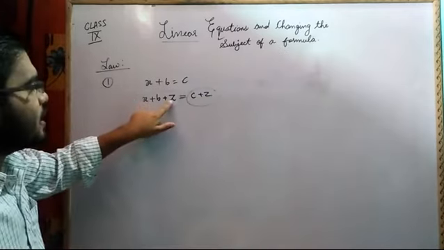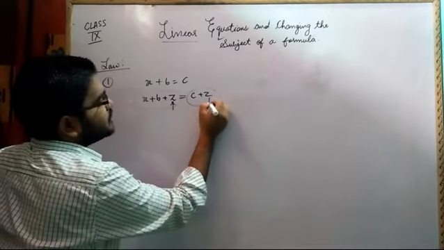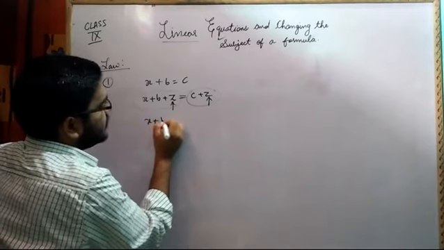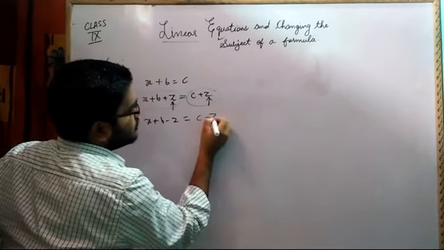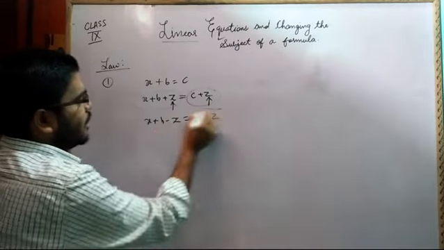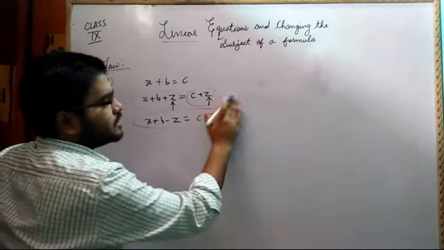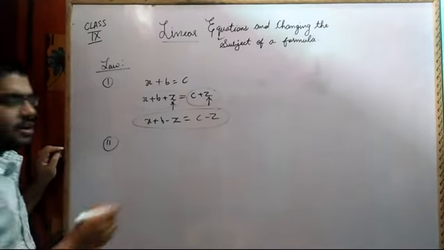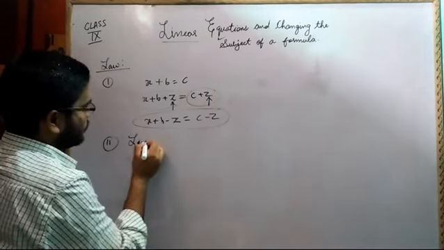If I add a constant, or any same value on both sides, or subtract the same quantity on both sides, then the equation is not going to change. This is the first law. The second law is the law of transposition.